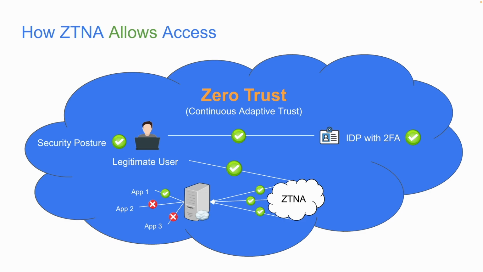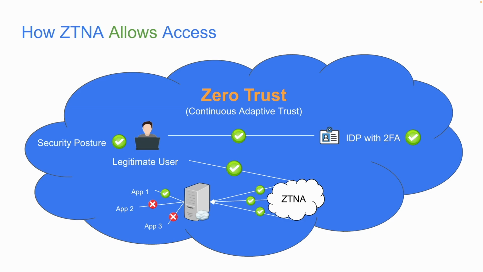Next, let's see how ZTNA allows access. Unlike traditional network-based security models, ZTNA follows a least privileged access approach with micro-segmentation, ensuring that users and devices only get access to the specific applications they are authorized for, without exposing the entire network.